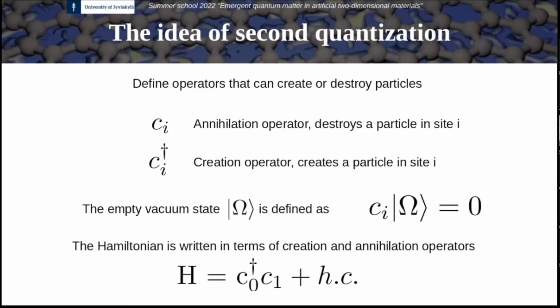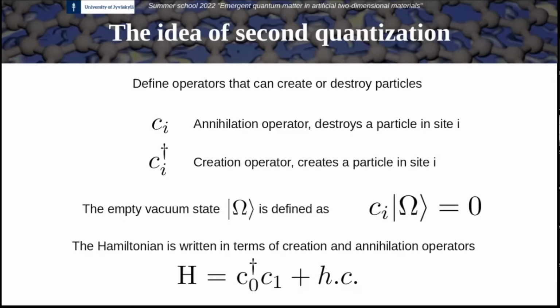So the basic idea now is that with these creation and annihilation operators, you can essentially write down every Hamiltonian that you need. For example, if you want to describe an atomic dimer with a single electron, in which an electron is jumping from atom number 0 to atom number 1, you can essentially write down that Hamiltonian just as c dagger 0 c 1, namely that an electron gets destroyed in site 1 and it gets created in site 0.